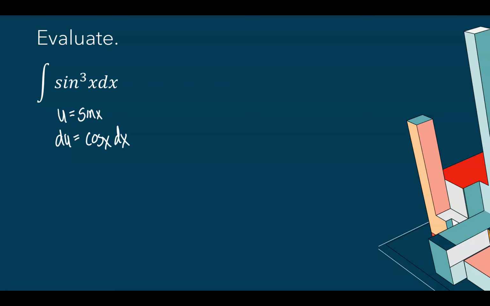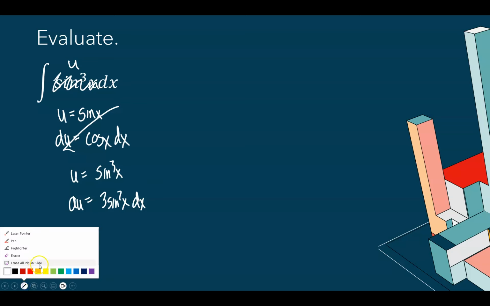Doesn't really seem like it. So that doesn't seem right. Maybe u is, well, u can't be sine cubed, because then du is equal to 3 sine squared times dx. And if we have u replacing sine cubed, we don't have anything else. Dx is the only bit that's left.